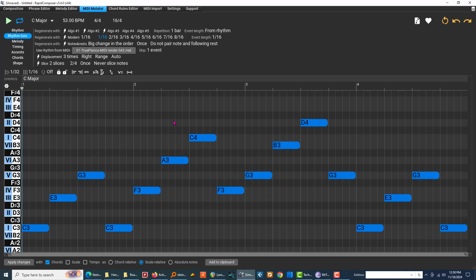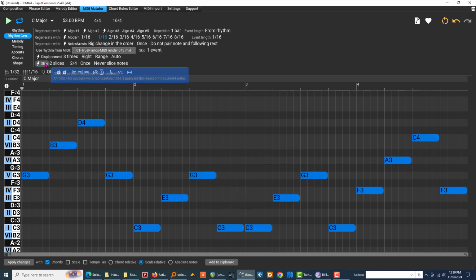Okay, so here's the simplest example I could come up with: slice it in 2 along 2/4, which is a half note, right? So let's click on this and see the result.